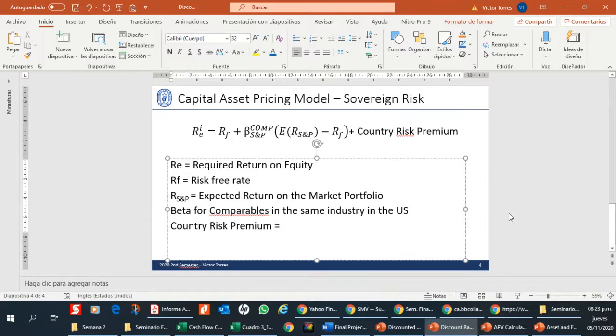You want to calculate how much additional risk should be rewarded with an interest rate, with a return, for that risk, and that's usually estimated with this EMBI plus, and obviously for us it's going to be Peru. That's usually the way it's estimated, and we're going to see later on that that's called the tax adjustment as a way to try to come up with this estimation.